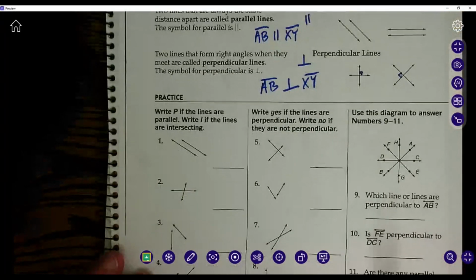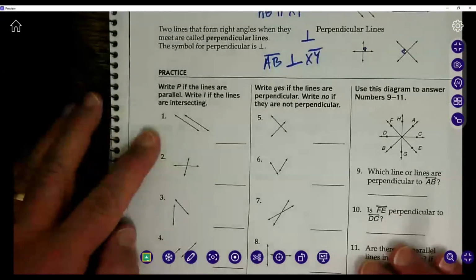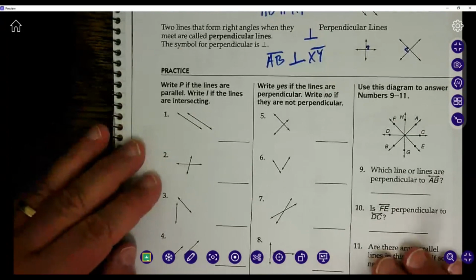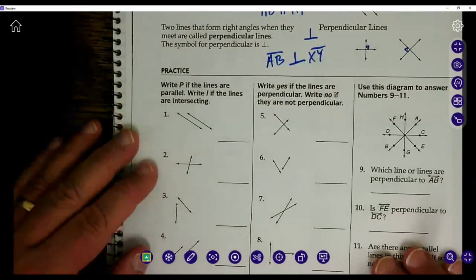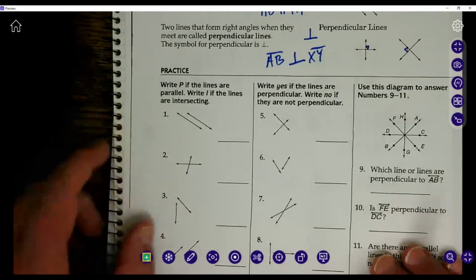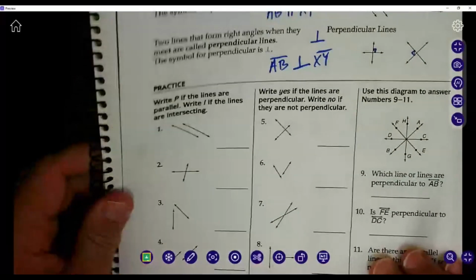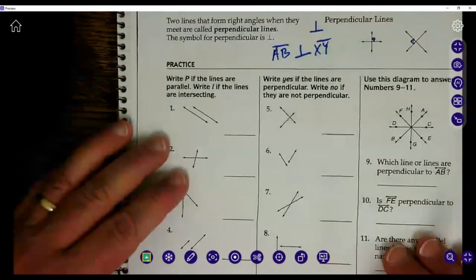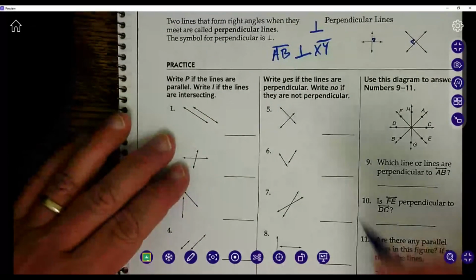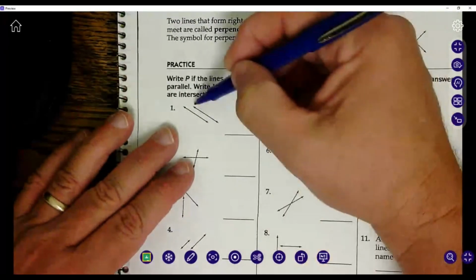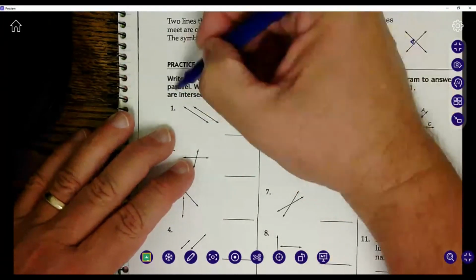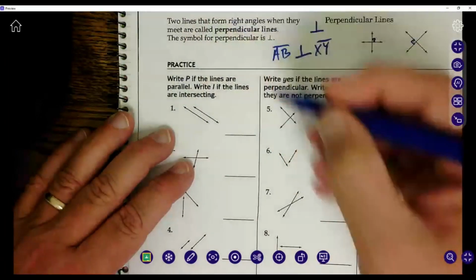So in this first section down here, they want us to identify whether the lines appear to be parallel, and write L for lines that are intersecting. So P for parallel, L for intersecting. When I look at number 1, I have two lines, and I have to think, if I extend those lines forever, will they ever cross?